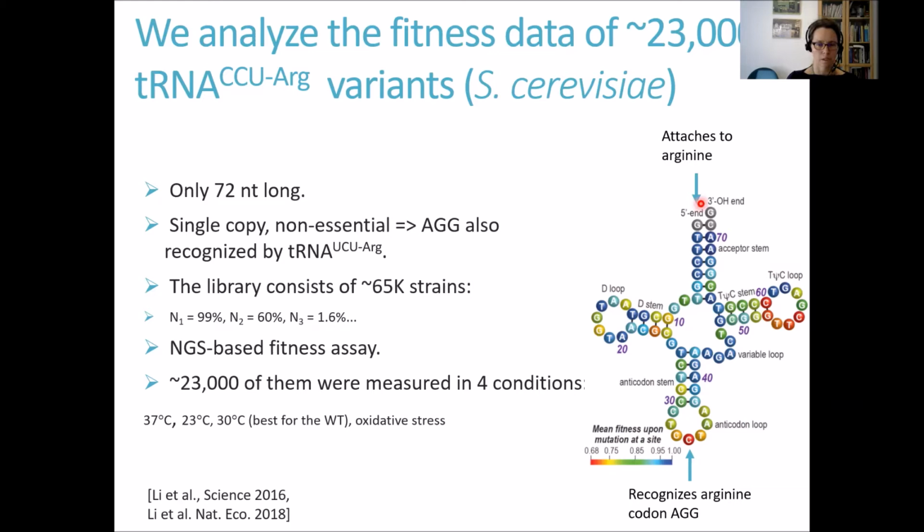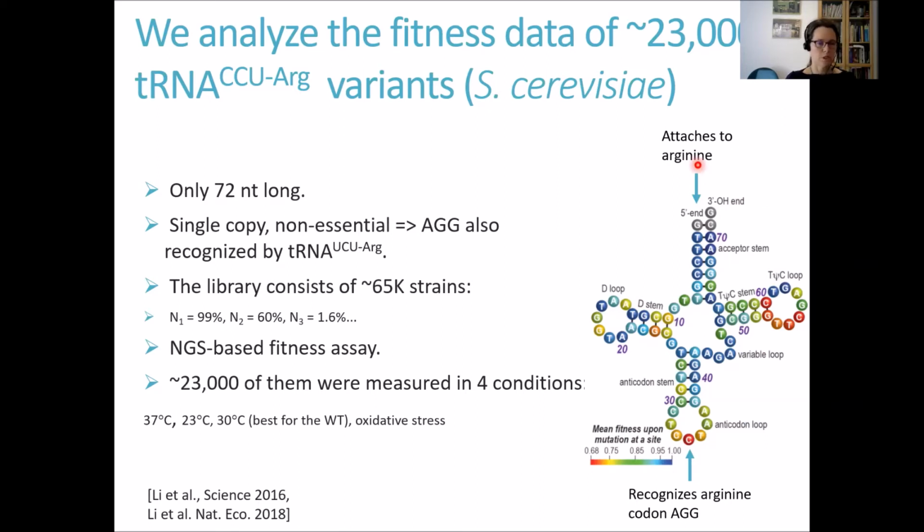This is a figure of this tRNA molecule when it's folded. It has three loops, as you can see. This is the anticodon loop, where it attaches to the AGG codon. And on the other side, it attaches to the arginine amino acid.